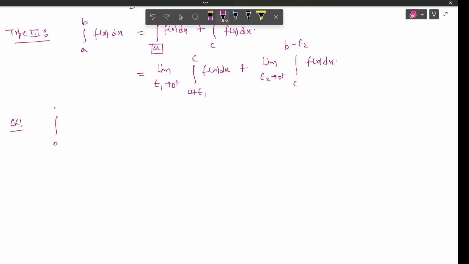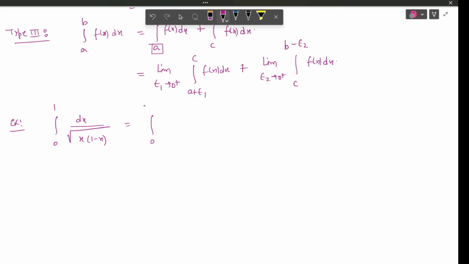Let us say we have to evaluate integration 0 to 1 dx by square root of x into 1 minus x. Now here we can see clearly that if we put 0, this will be infinite, and if we put 1, this will be infinite. So we have points of infinite discontinuity at 0 and 1. So let us assume that we have the point half, because if you put the value half in place of x, it will give a positive quantity.